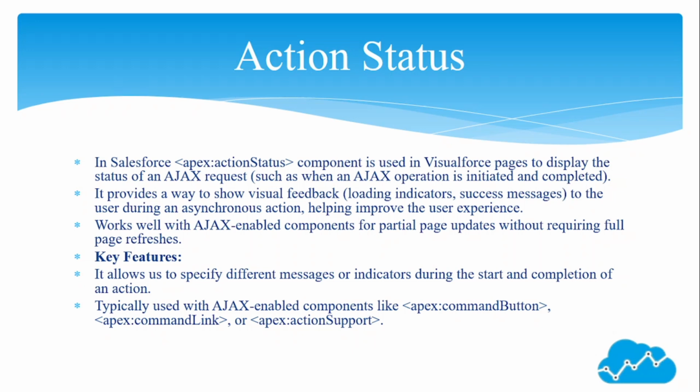It provides a way to show visual feedback, loading indicators, and success messages to the user during an asynchronous operation, helping improve the user experience. It works well with Ajax enabled components for partial page updates without requiring full page refreshes.